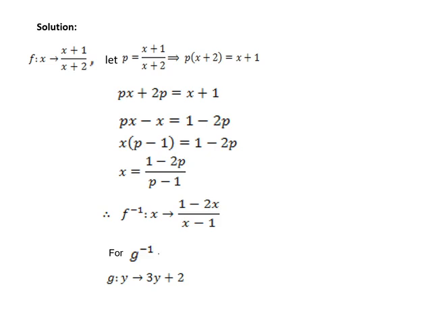So look at it. We cross multiply here. We now get p times s plus 2 equal to s plus 1. So you use your p to open this bracket. You get ps plus 2p equal to s plus 1.